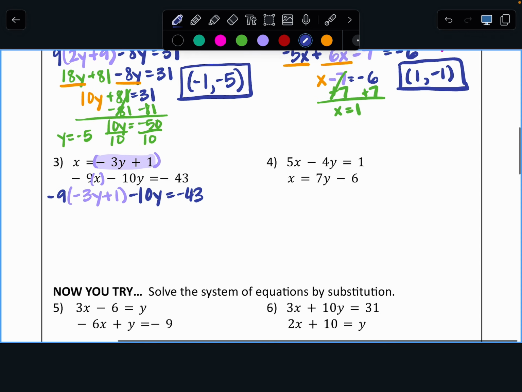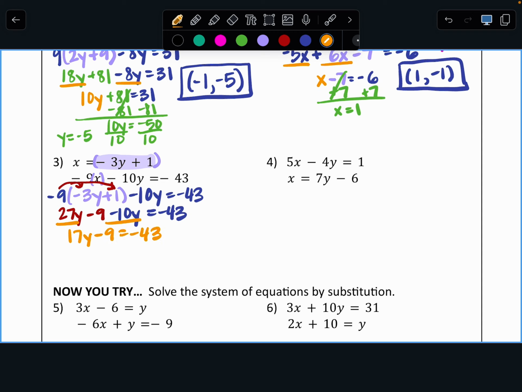I have to distribute. So negative 9 times negative 3y is 27y. Negative 9 times 1 is negative 9. Minus 10y equals negative 43. Combine like terms. So I have 17y minus 9 equals negative 43.